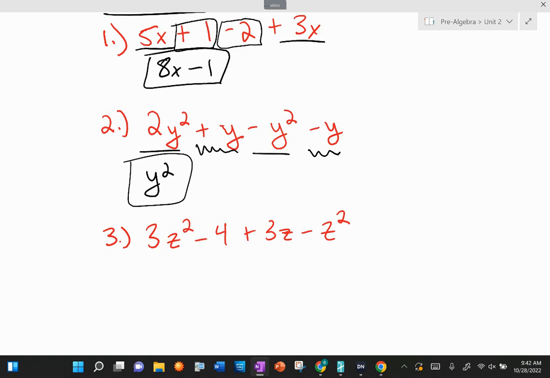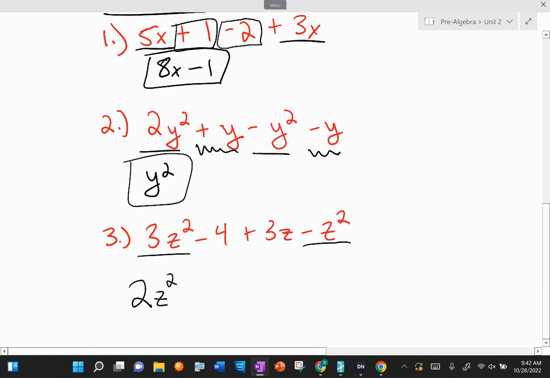Okay, number 3. We've got 3z squared minus 4 plus 3z minus z squared. So how many different terms do we have here? 3 different ones. Okay, we have z squareds, which will give us 2z squared. Then we also have a 3z.